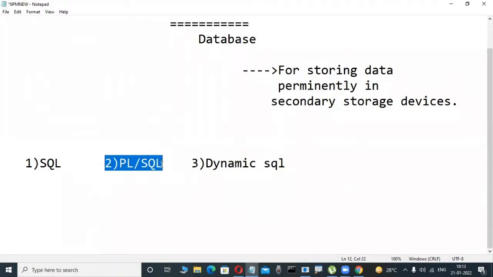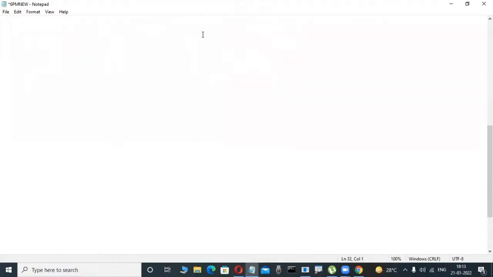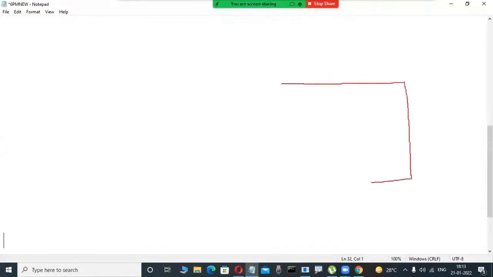Why this language is required: so many applications. For example, if you are a first-time newcomer, concentrate here to understand. Why PL/SQL is required, just for the idea, I'm telling some applications. Observe slowly here. Daily, so many people go to banks for depositing money or withdrawing money.